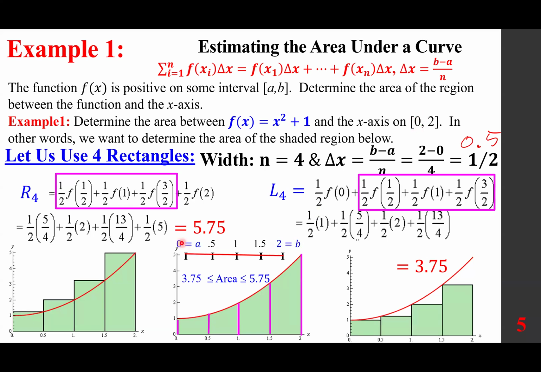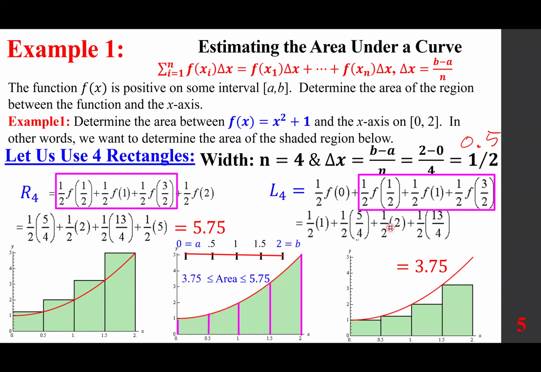The first endpoint is a, the second one is b. And in between, we decided to go with 4 and therefore 0.5 or 1/2. So 0.5, 1, 1.5, 2. Notice for the height, we use the functional value at all of this except the first one for the right endpoint. So f of 0 is not there. For the left endpoints, f of 2 is not there.